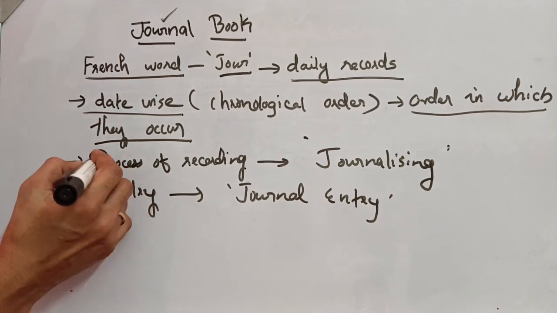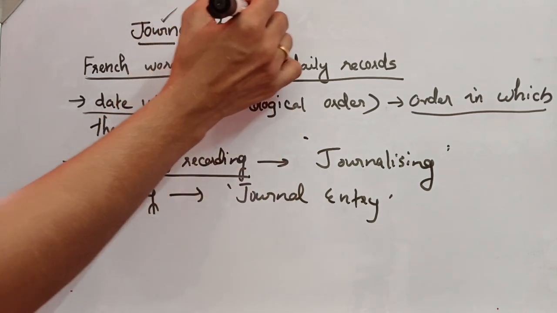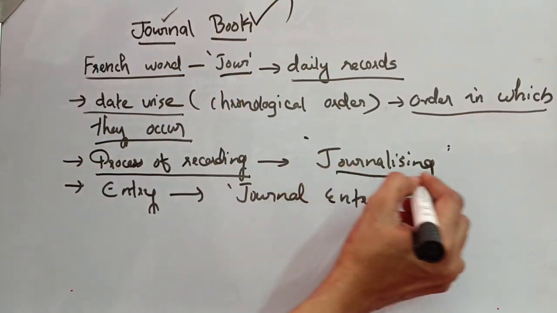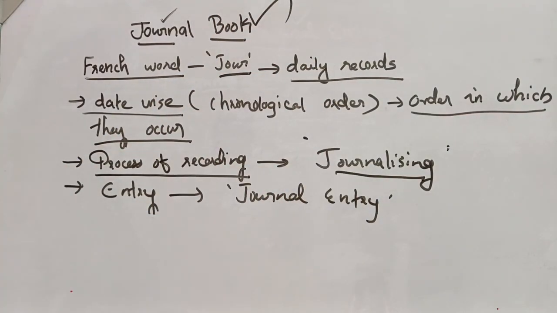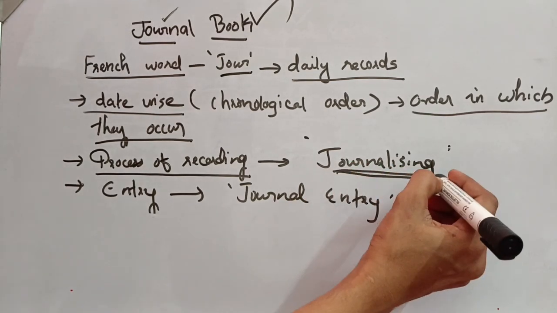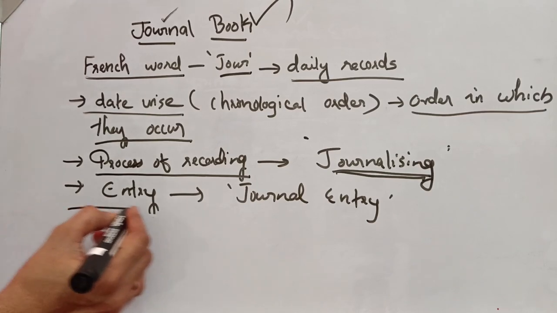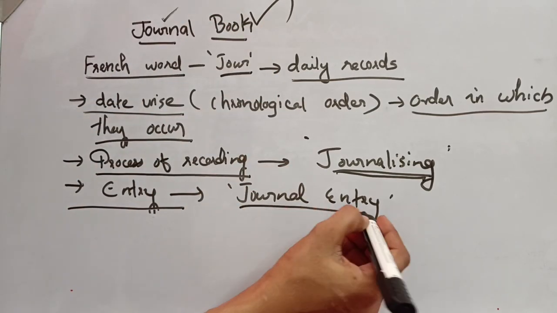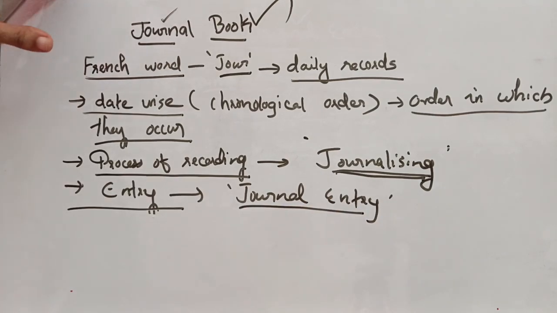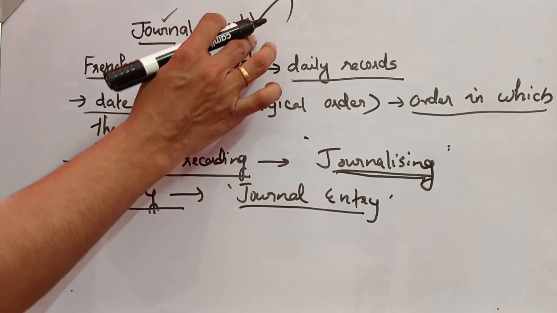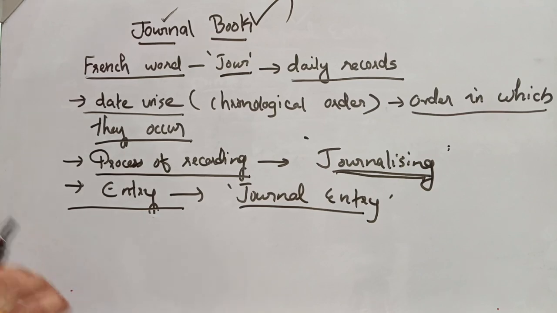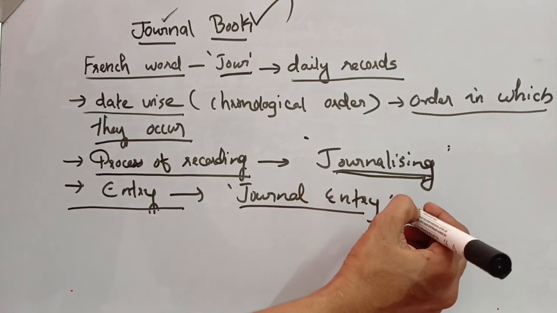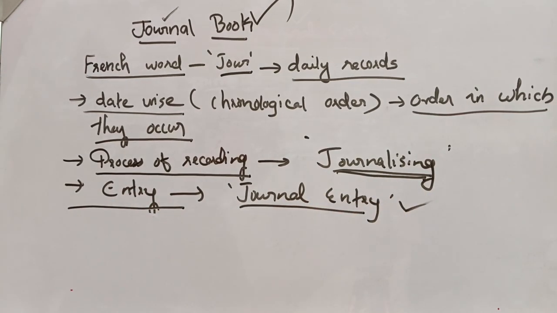Then the process of recording transactions in this journal book is called journalizing. And the entry made in the journal book is called a journal entry. That is, when we enter the transactions into this journal book, the entry we make is called a journal entry.